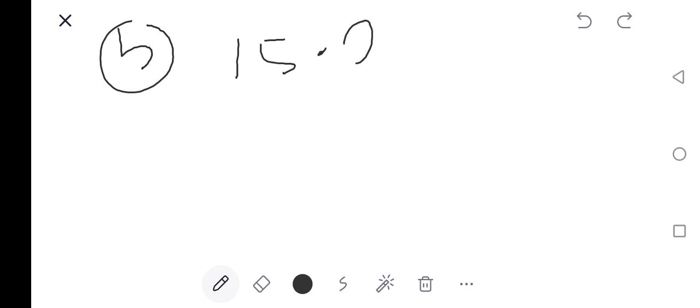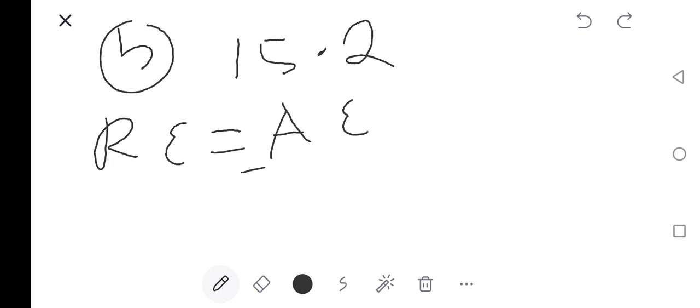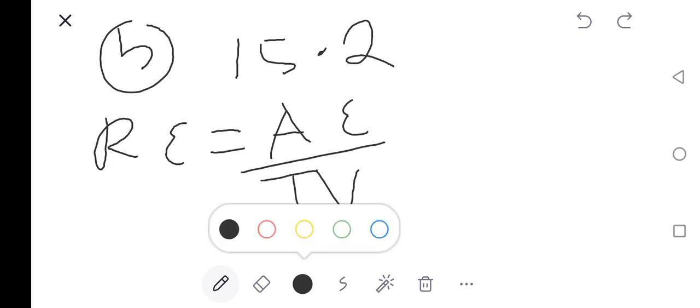Question B is totally different from question A. So they are looking for the relative error. We know that our relative error is absolute error over true value. So we only have one figure here. Remember what I mentioned about one figure?